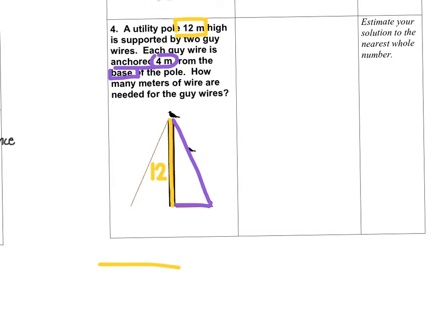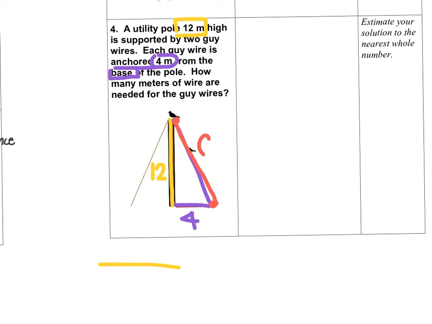It seems to be the second choice. So we'll label that as 4. Now go back to the question. How many meters of wire are needed for the guy wires? So does it seem like they're asking about this? If it is, then we probably have our dimensions in there correctly.